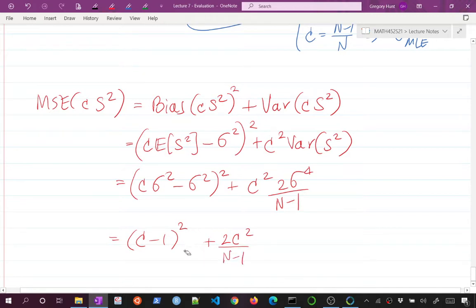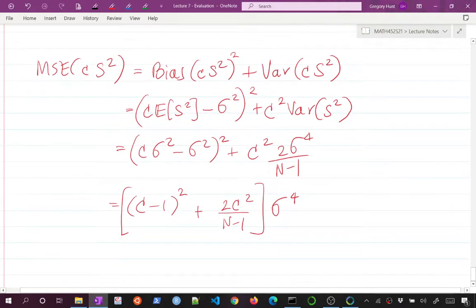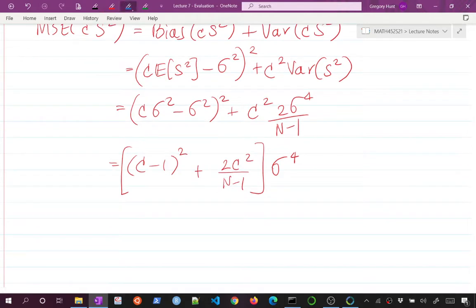Whoops, this should be sigma to the 4th, right? We're going to get sigma to the 4th outside of all of this, because we pull out sigma squared, square it, and we have the sigma to the 4th in the variance. I did that quite fast, but we already did that problem. The MSE of some constant times s squared follows that formula, and we want to minimize this.